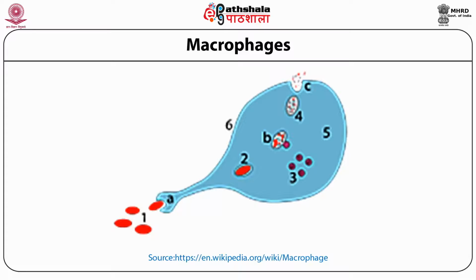When the process of exocytosis is taking place, the antigen is complexed with the MHC molecule and it is then expressed on the surface of the cell, and this antigen presenting cell will then present the antigen complexed with the MHC molecule to the T helper cells and activate the T helper cells to induce the immune response.